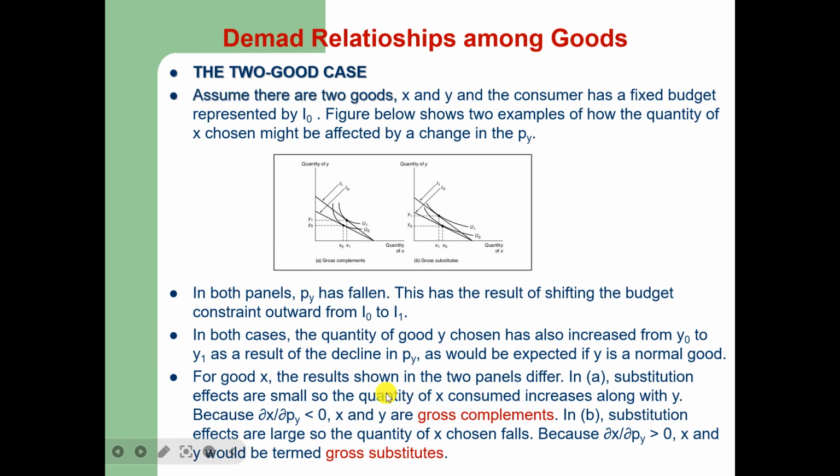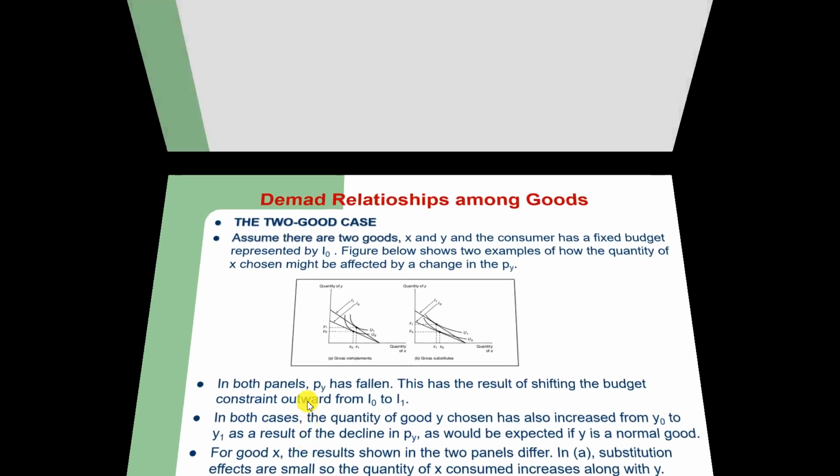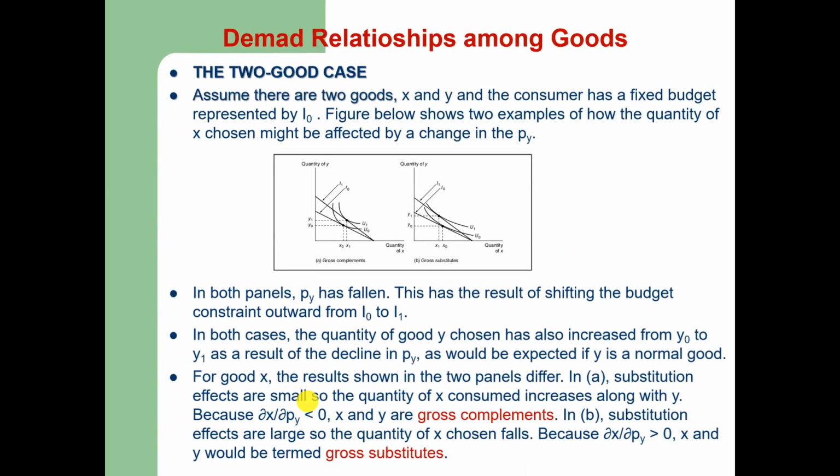In panel A, the substitution effects are small, so the quantity of X consumed increases along with Y. So although the price of X remains the same and only the price of Y has decreased, there is not only an increase in the consumption of Y, there is also an increase in the consumption of X. Since this change in X due to the change in the price of Y is negative, X and Y are termed gross complements. So panel A shows that X and Y are gross complements.